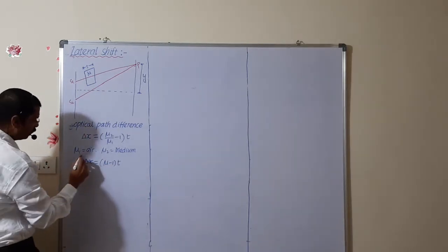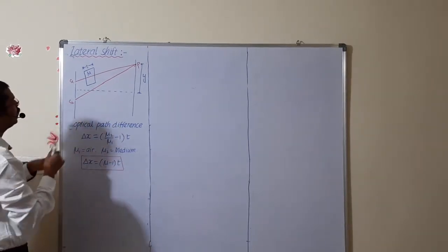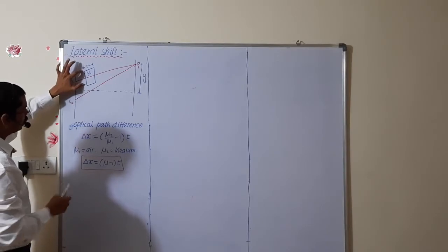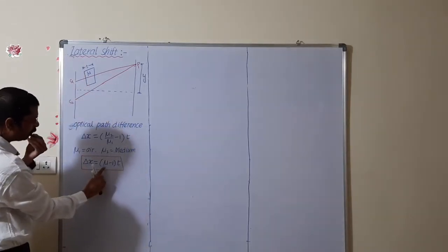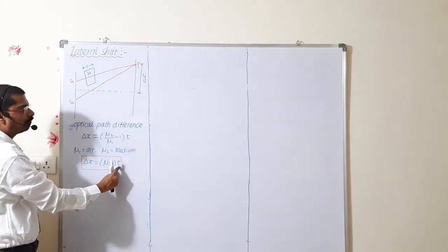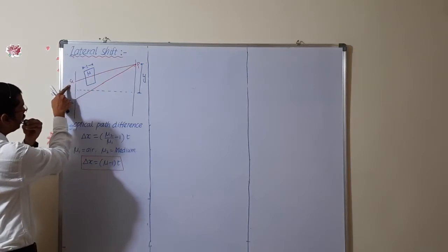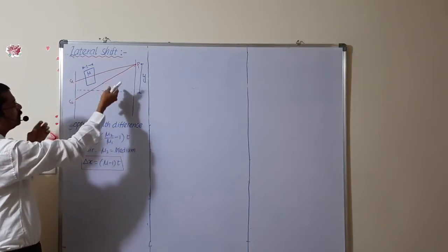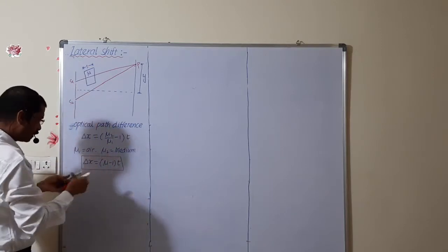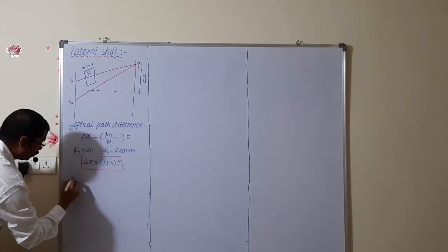According to this, whenever we introduce the glass slab in this path, the path is increased by (mu minus 1) times the thickness of the glass plate. That is, the path of S1 is increased whenever we use the glass slab.